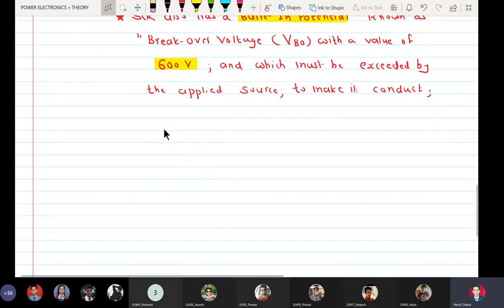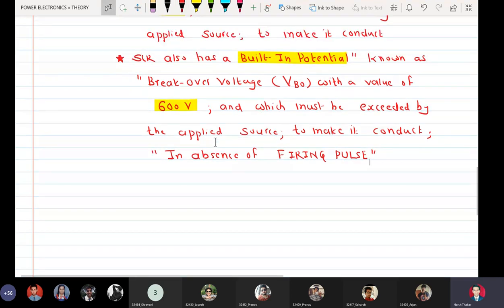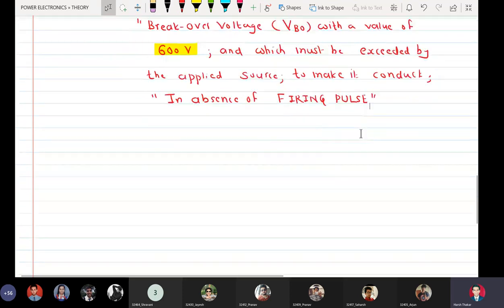Here the important thing to understand is, to make it conduct in absence of a firing pulse. Okay, we will come to this point when we actually discuss the firing of an SCR. So understand this point, that SCR also has a built-in potential known as breakover voltage VBO with a value of 600 volts, and which must be exceeded by the applied source to make it conduct in absence of a firing pulse.